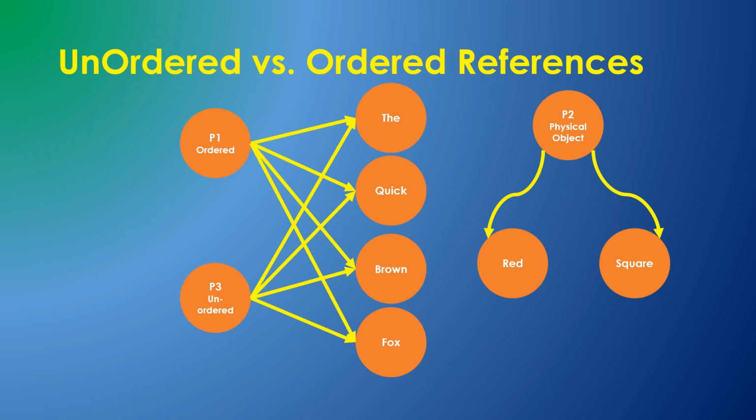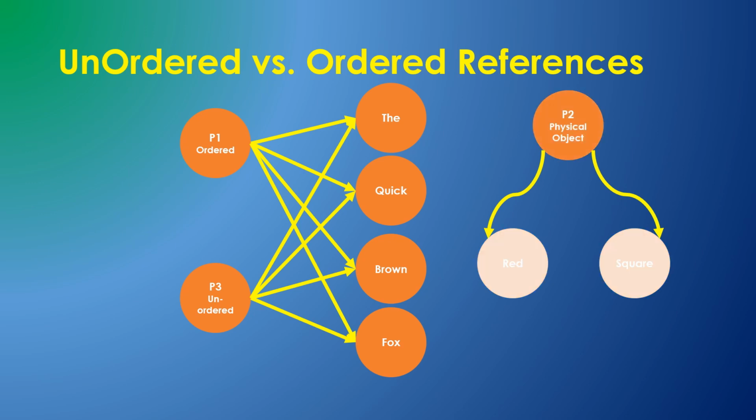Reference lists can be ordered or unordered. As an example, the attributes of a physical object all exist simultaneously, so are unordered. On the other hand, the words of a phrase must occur in particular order, or the meaning may be lost. Here, P1 has ordered references and outputs the phrase correctly.